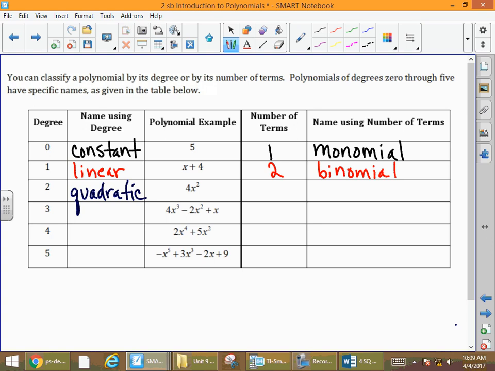Again, our polynomial example is 4x squared. How many terms in 4x squared? And hopefully you're thinking 1. And if we can identify the fact that there's only 1 term, then we know that that is a monomial. We can see that on our 0 degree.